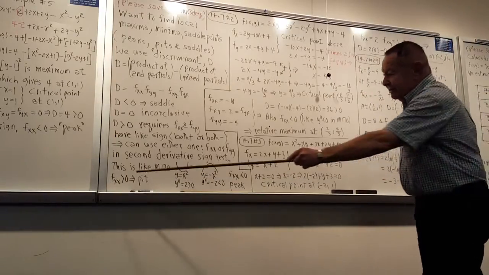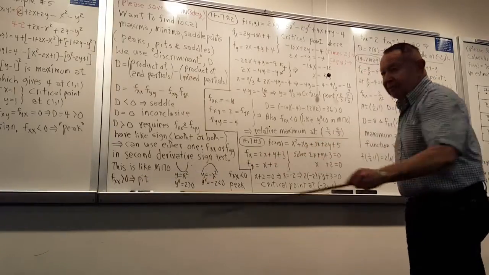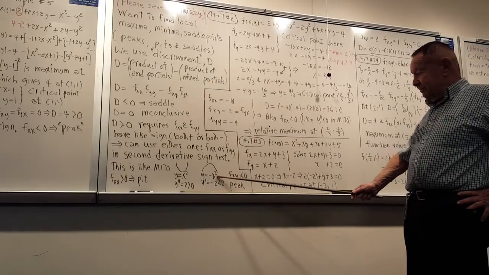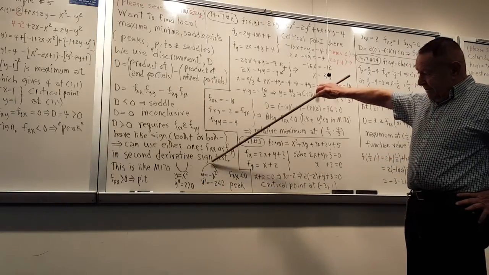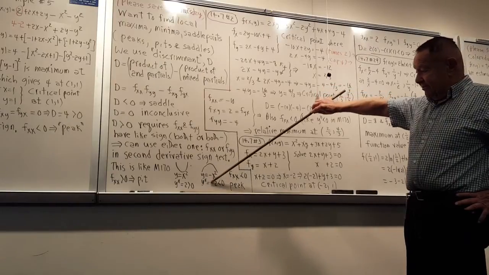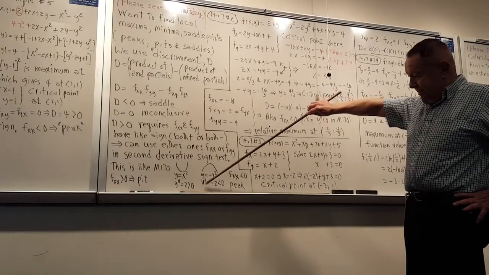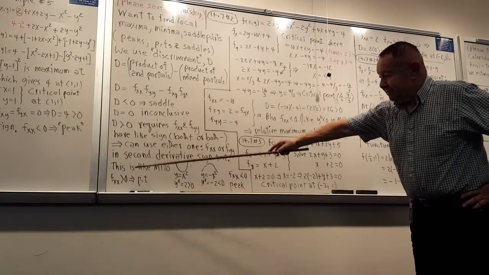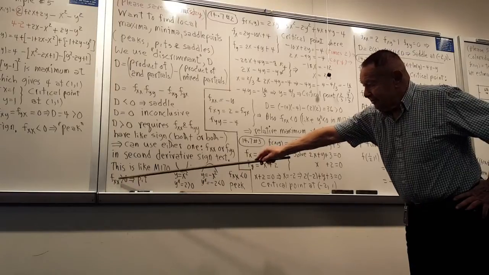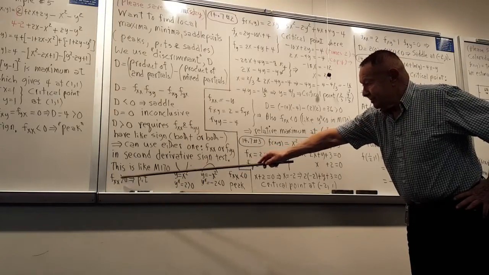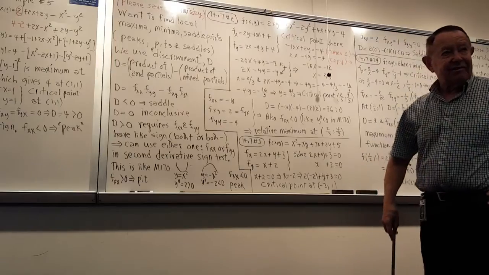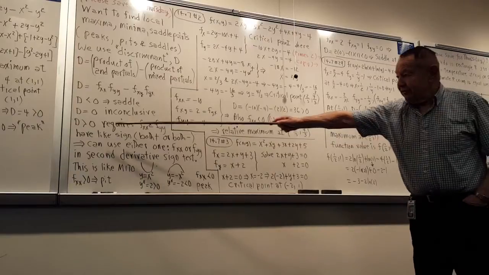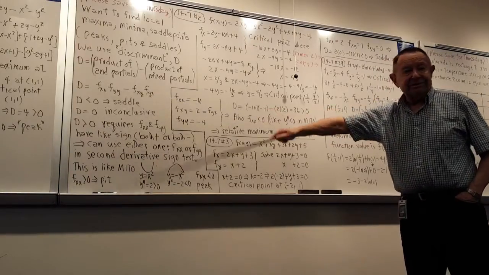It could be just as well the second partial with y. And in the same way, if you had y equals minus x squared, you have this picture. The second derivative is negative, so you associate negative with maximum. And so at your critical point, either your second partial with x is negative or your second partial with y, because again, they have to agree if your D is going to be positive.